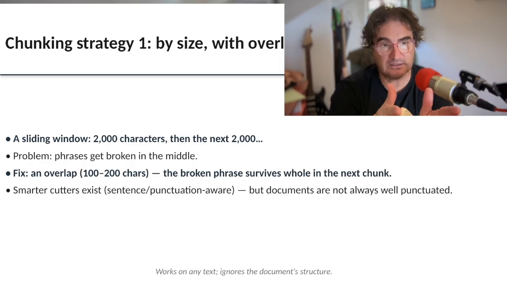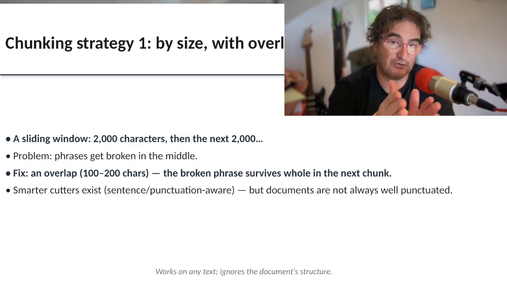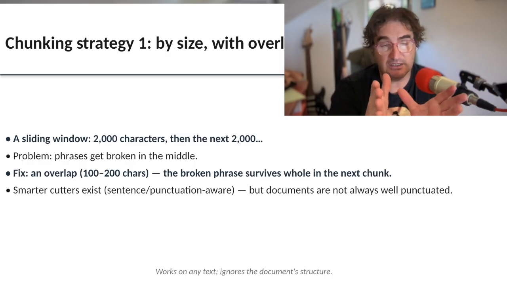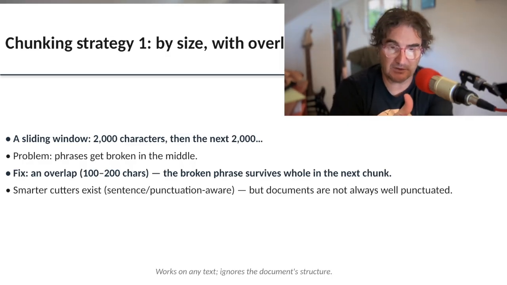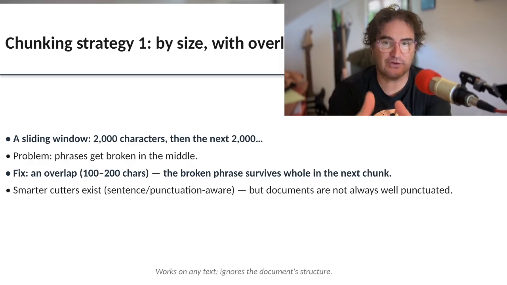If a phrase is broken down in a chunk, the next chunk is going to start 200 characters before, and the phrase is going to be intact in the next chunk, so the embedding model can get some semantics out of it.